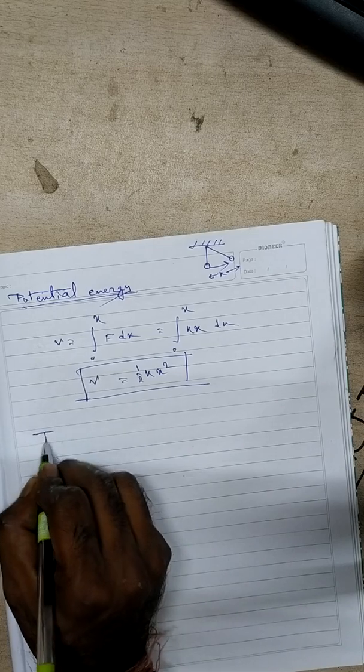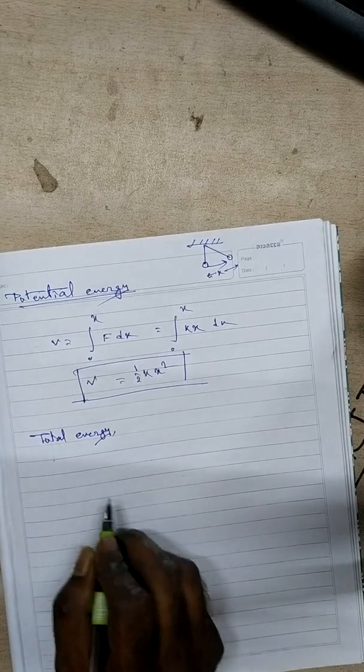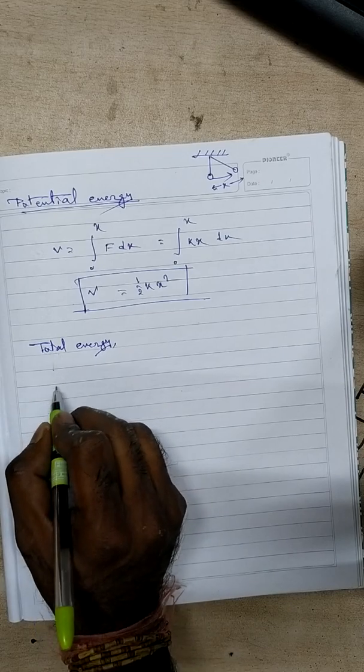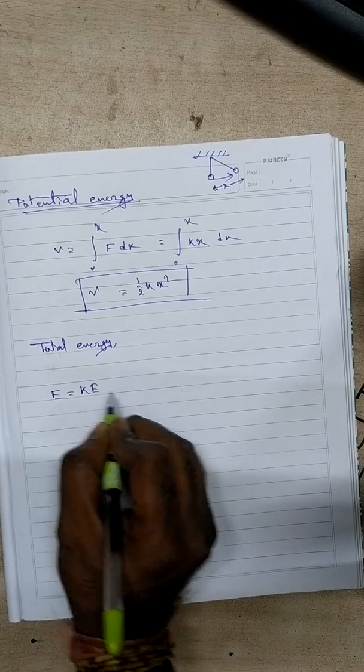Now the total energy: put the value of the kinetic energy and the potential energy.